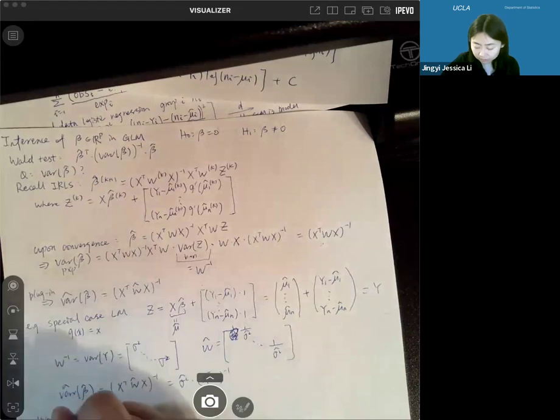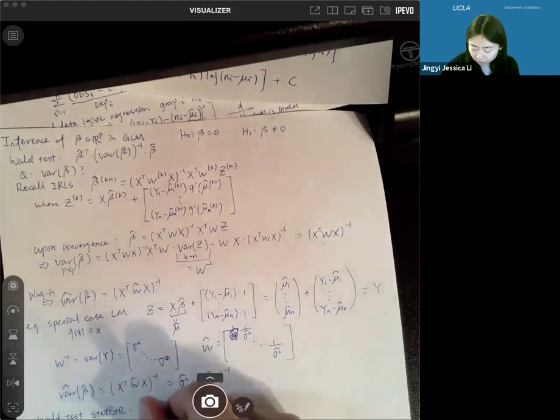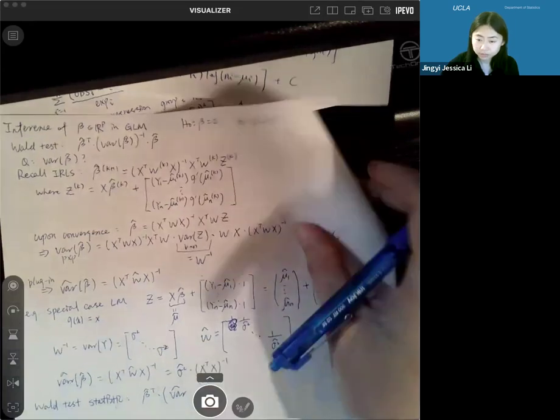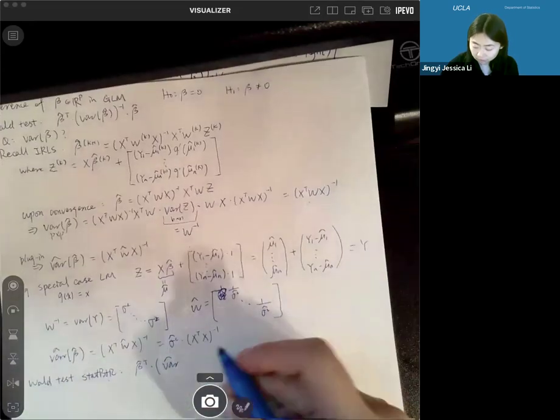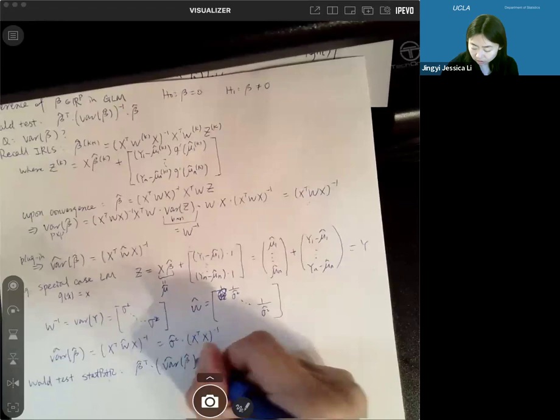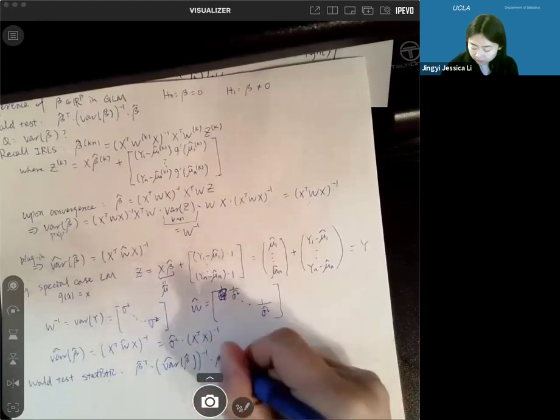So then I'll just write it down. Wald test statistic would just be beta hat transpose, this variance covariance matrix we have over there, beta hat inverse, beta hat, right?